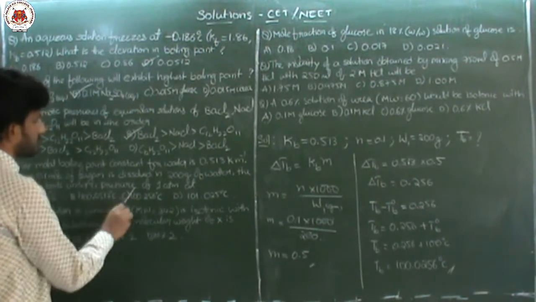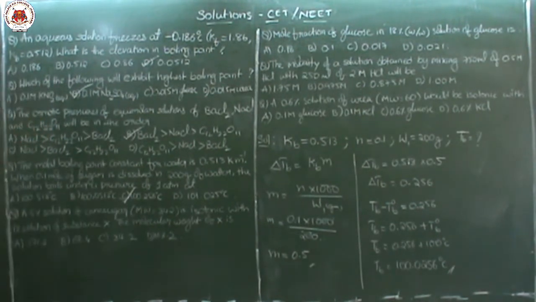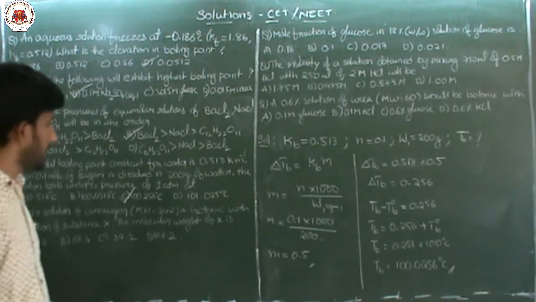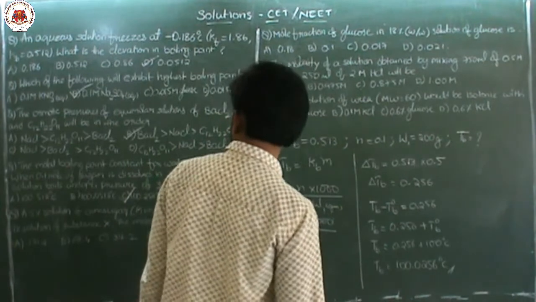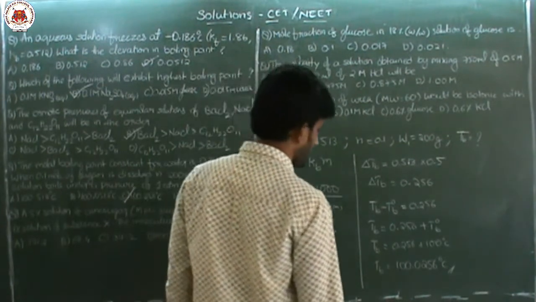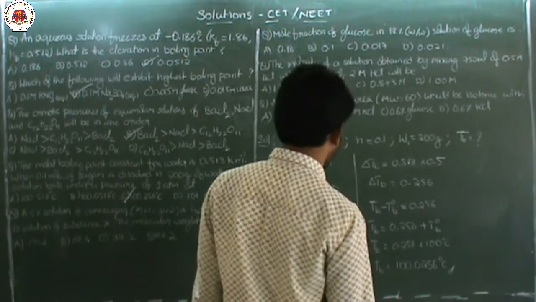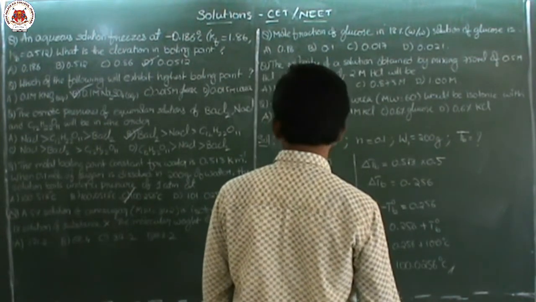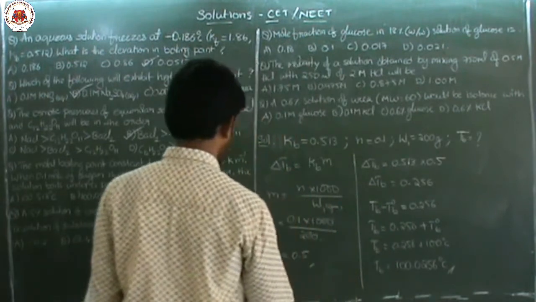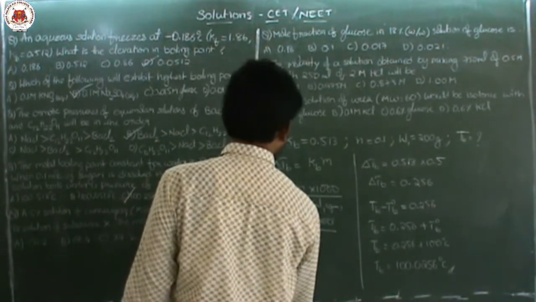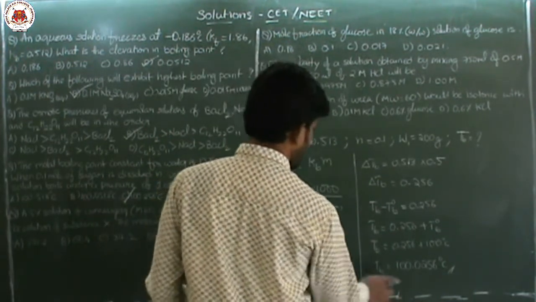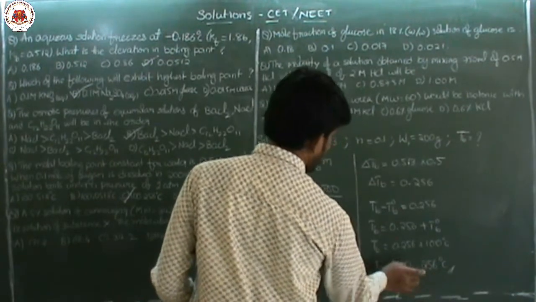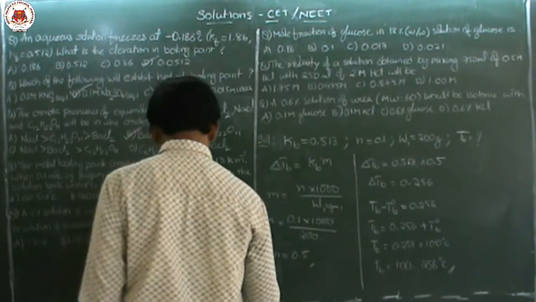C, 100.256 degrees centigrade. I have written it here: 100.256 degrees centigrade.